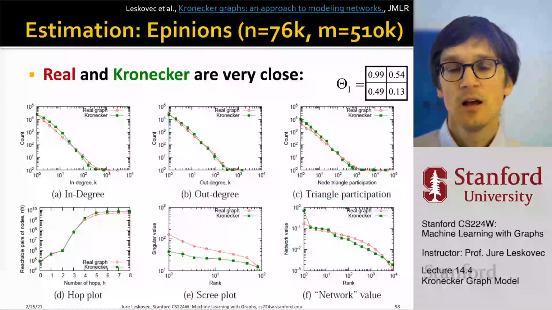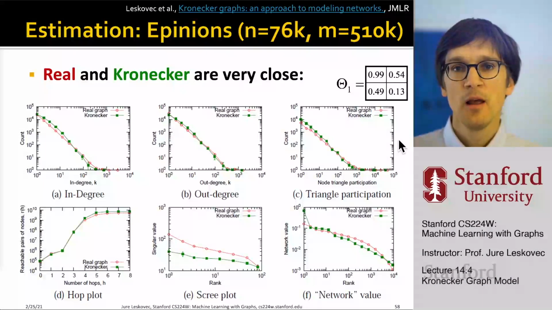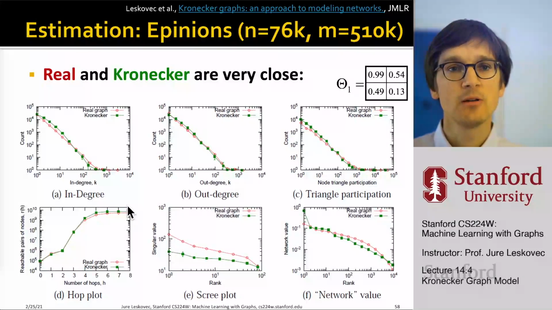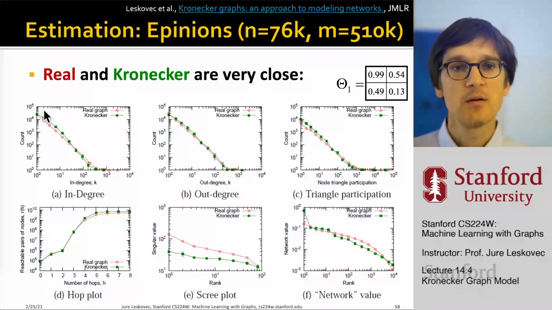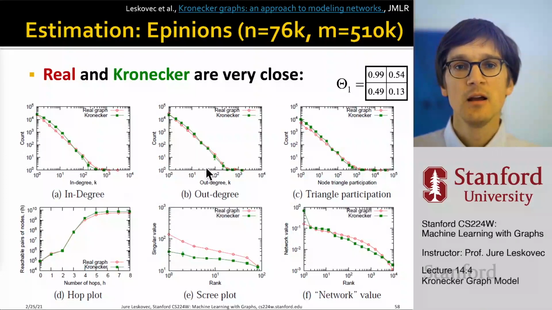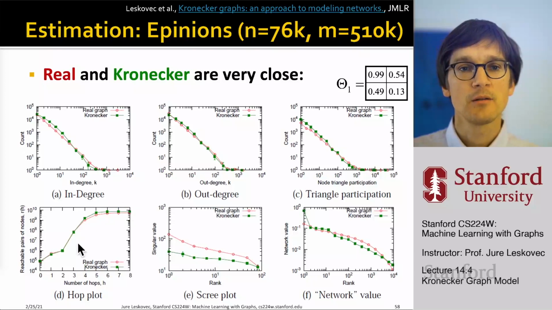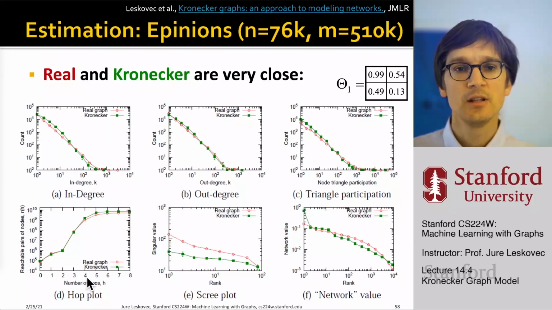And if you do this, what is interesting is that, for example, with a very simple adjacency parameter matrix, only 4 values, you can actually generate graphs that correspond to real graphs quite well. Here is, for example, a directed graph: in-degree, out-degree, clustering coefficient, diameter, which is the number of nodes at a given distance.